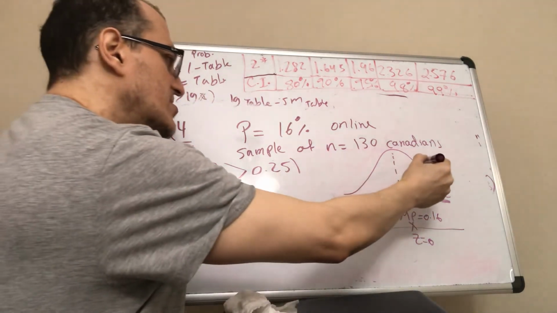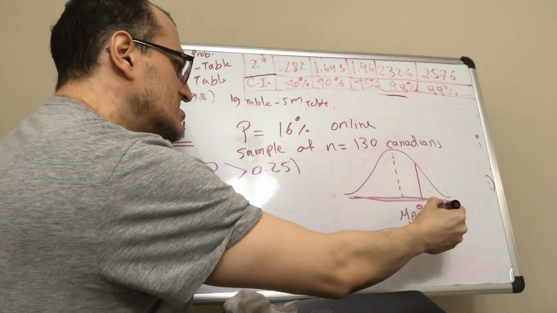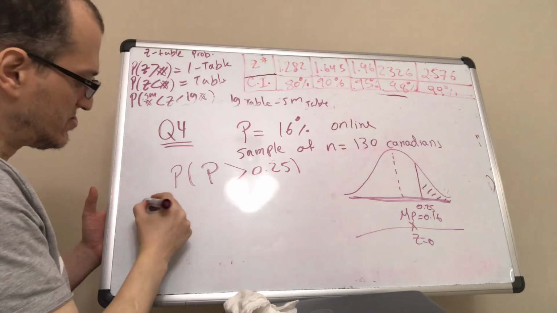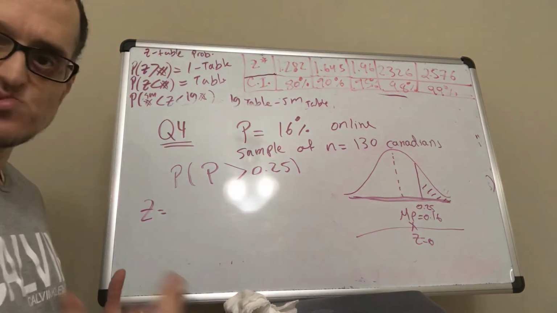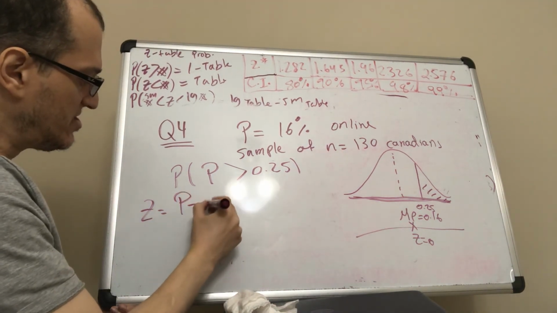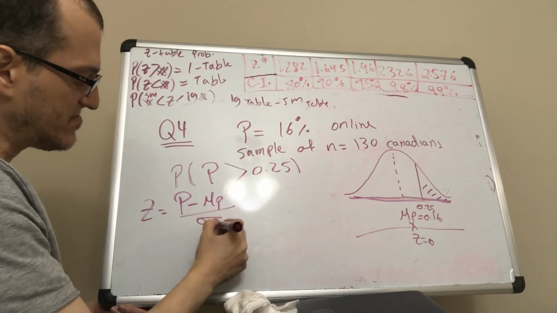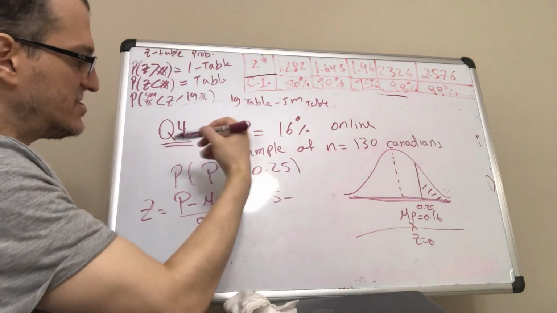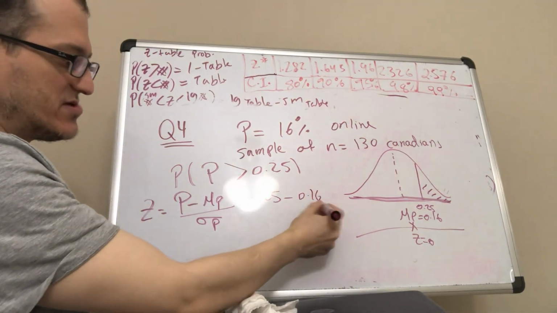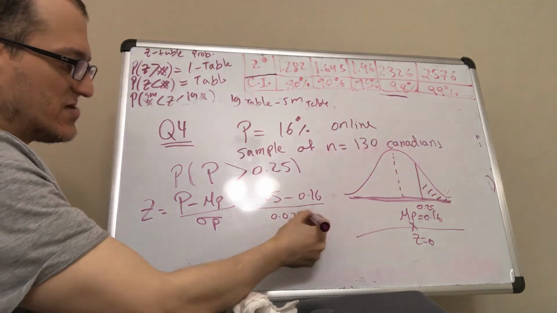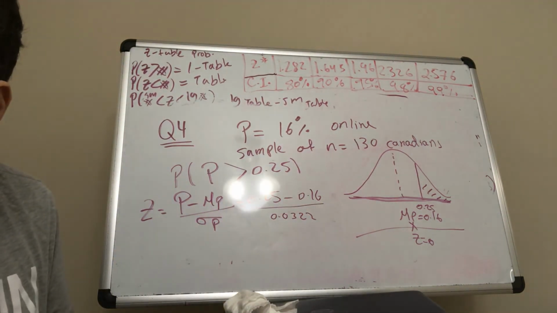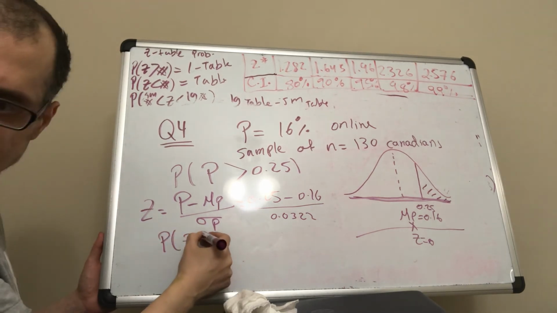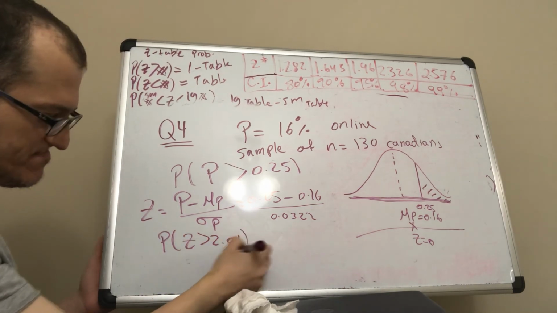You're looking for more than 25. 25 must be here, and for more, you shade the right. In order to do this, we need to switch everything to Z, and the equation here is p hat minus mu p over sigma p. This is 25. Mu p is the 16 we found in A, and sigma was 0.0322. If you do this, roughly the Z number would be 2.81.